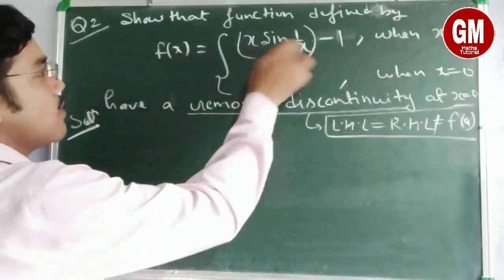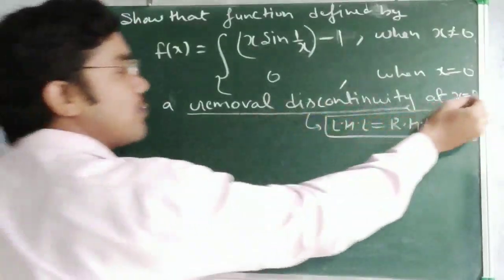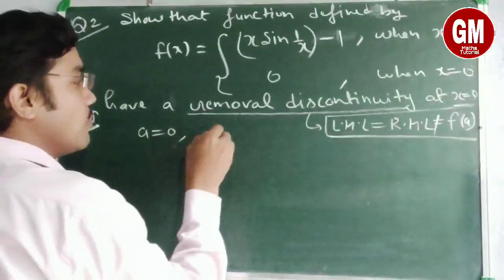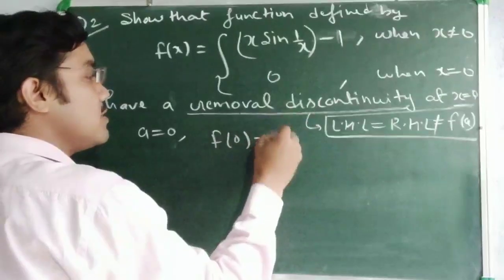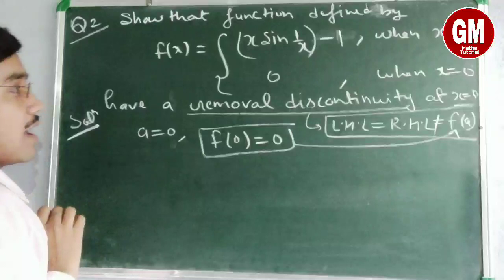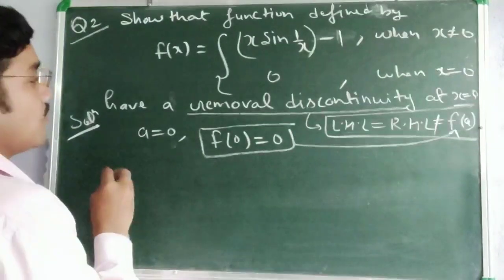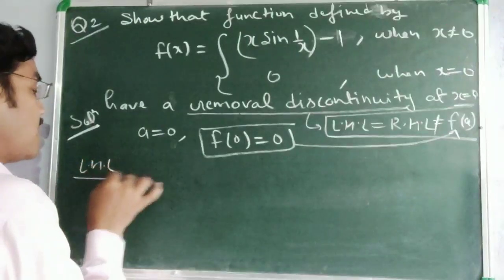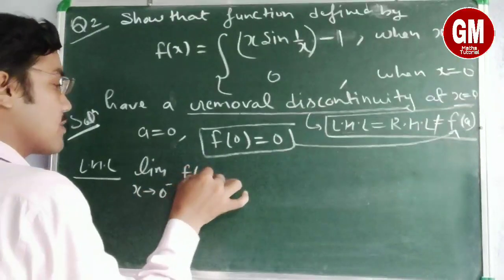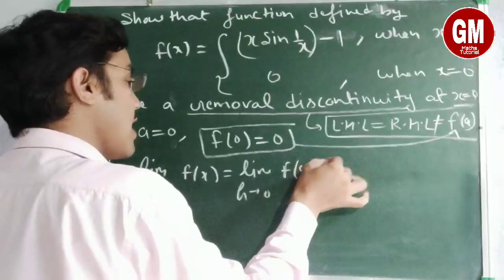Look at here, f(x) is equal to x sin 1 by x. How can we start? First of all, we take the particular point, here a is 0, at which we have to check the continuity. So f of 0 is given as 0, that is called the value of function. Now the left hand limit will be the limit x tending to 0 minus of f(x), that is the limit h tending to 0 of f(0 minus h).